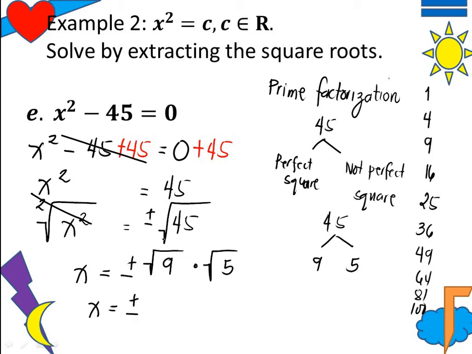Think of two same numbers that when you multiply, the answer is 9. And that is 3. Square root of 5: think of two same numbers that when you multiply, the answer is 5. So, there is none. All you need to do is to copy square root of 5. Therefore, the value of x is equal to positive, negative 3 square root of 5.